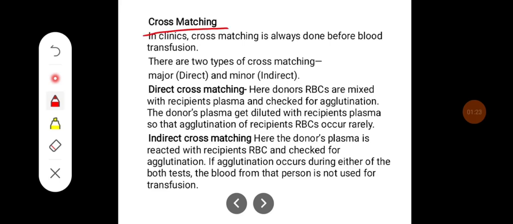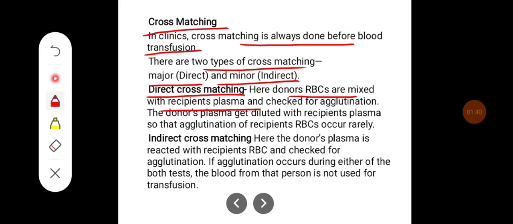Cross-matching. In clinics, cross-matching is always done before blood transfusion. There are two types of cross-matching, that is major or direct, and minor or indirect cross-matching. In direct cross-matching, the donor's RBCs are mixed with the recipient's plasma and checked for agglutination.